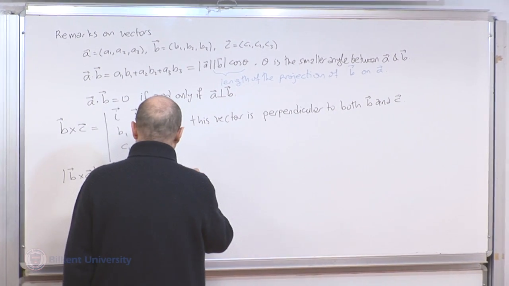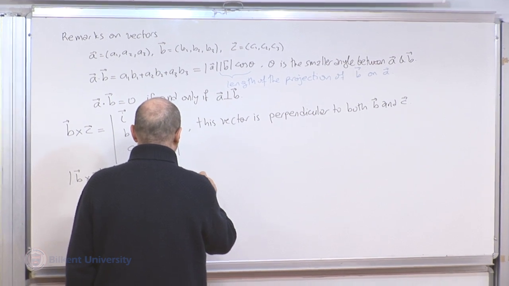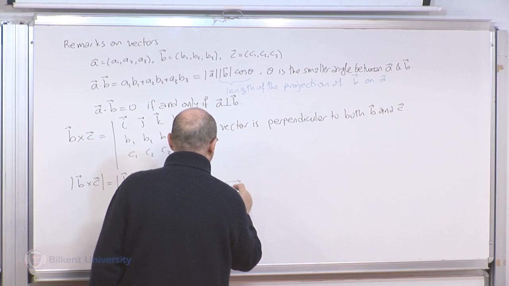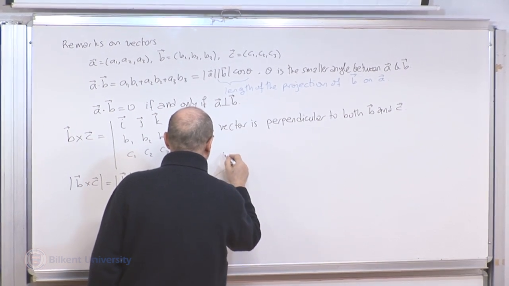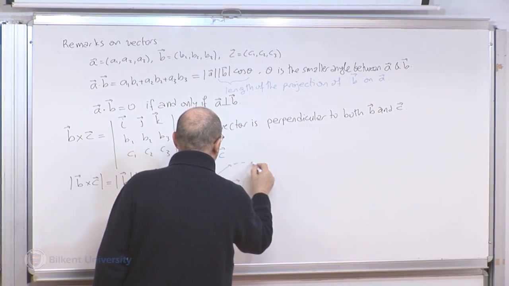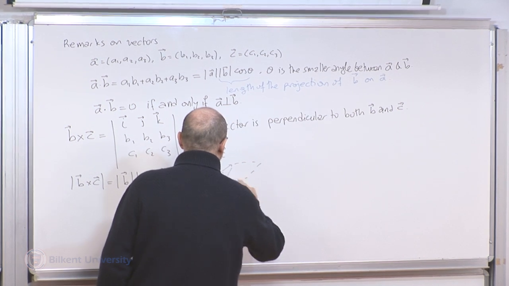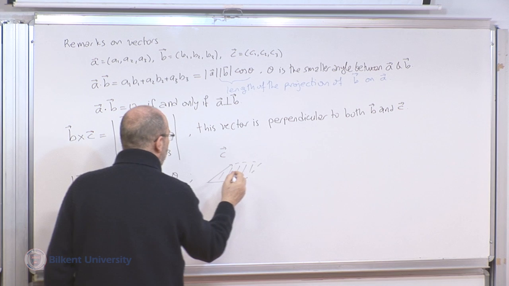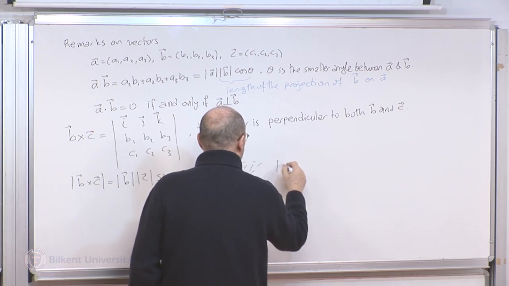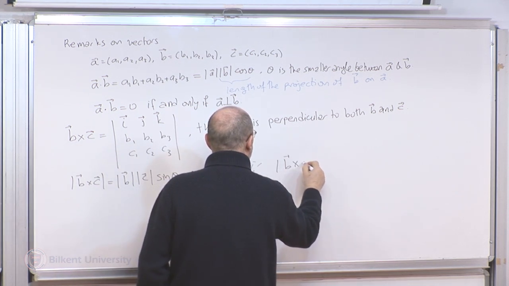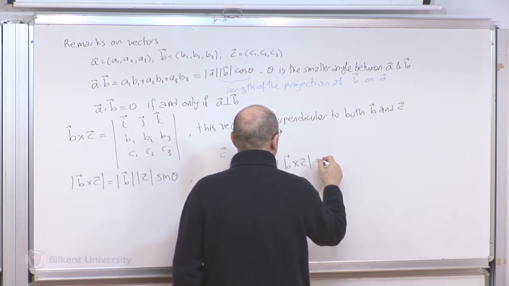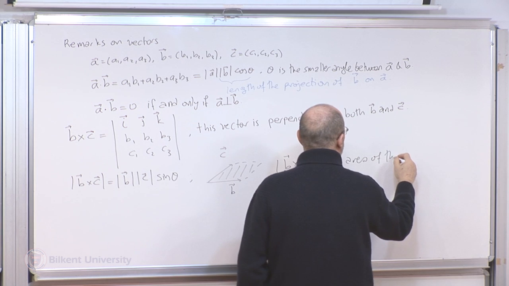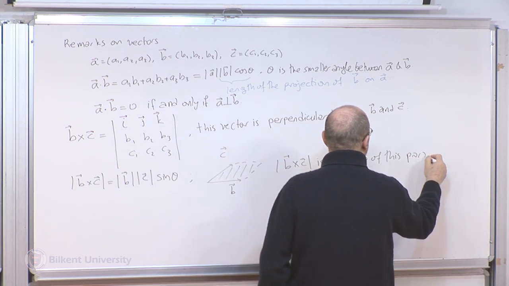So this time, if you write this as B and this as C, then we obtain a parallelogram here. So it is this area. So this number, the length of B cross C, is this shaded area, the area of this parallelogram.